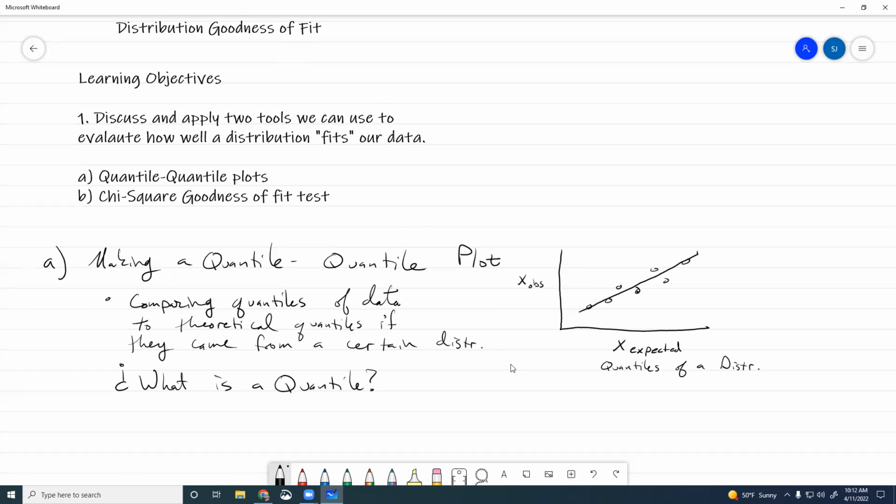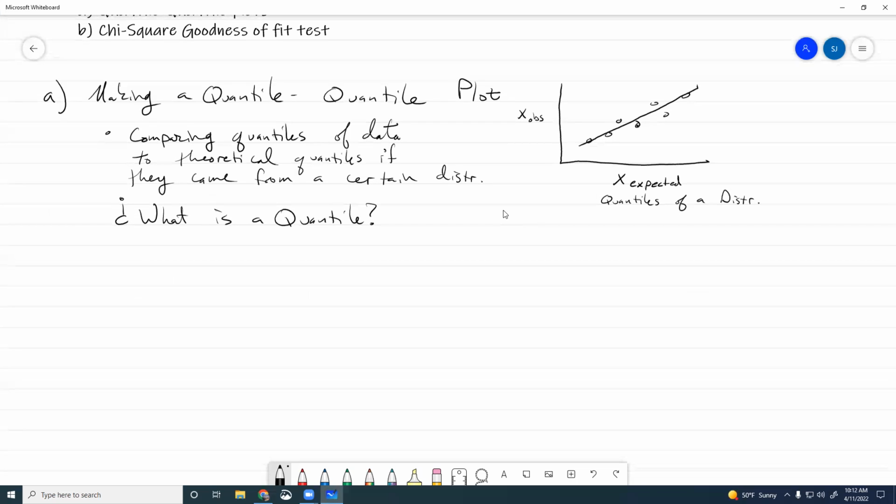Let's take a look, and I'm going to draw something out to help us visualize this. We'll take a distribution here, the PDF, f of X, and this will just be some kind of a normal distribution.